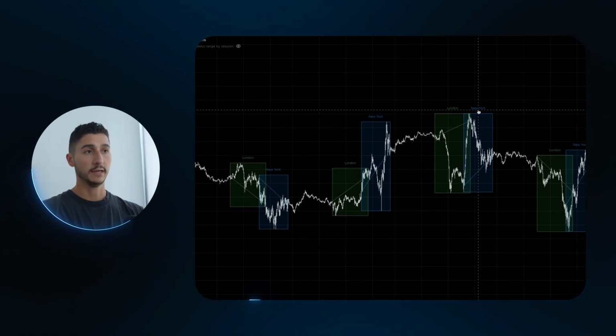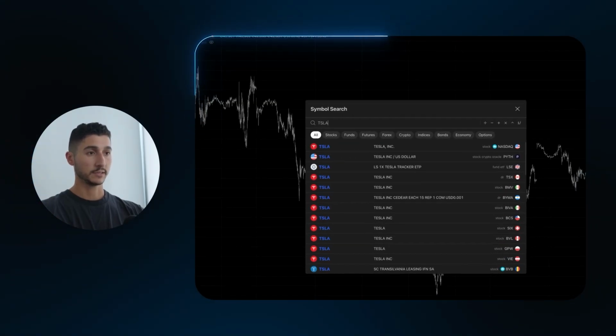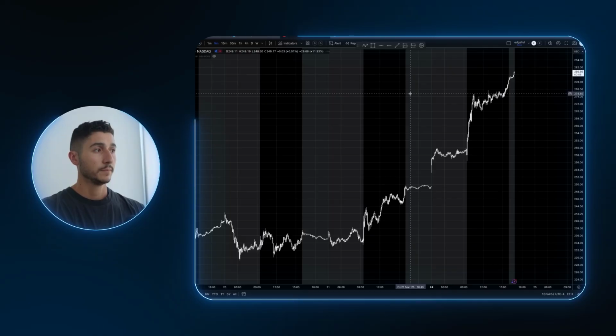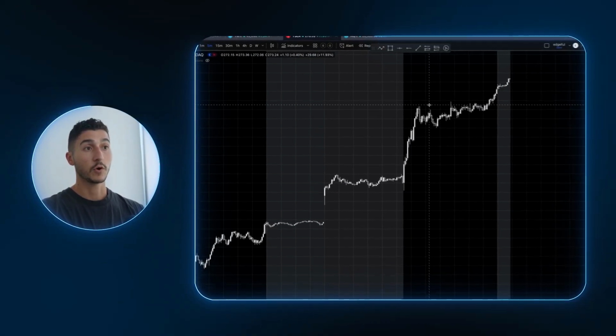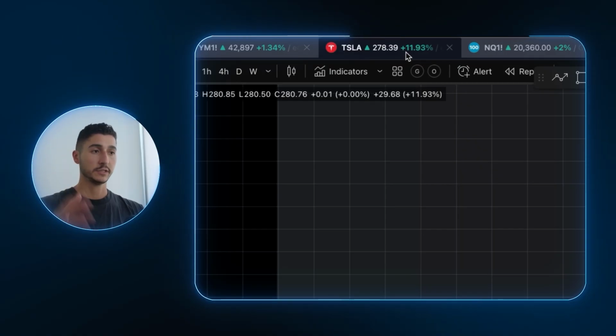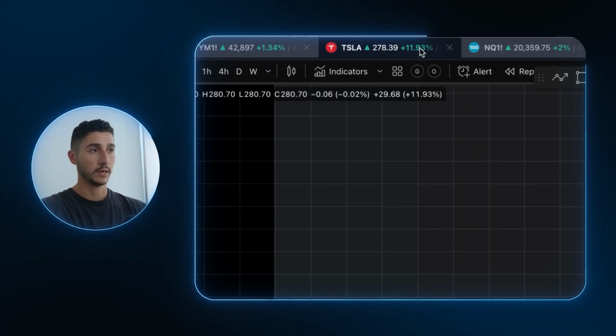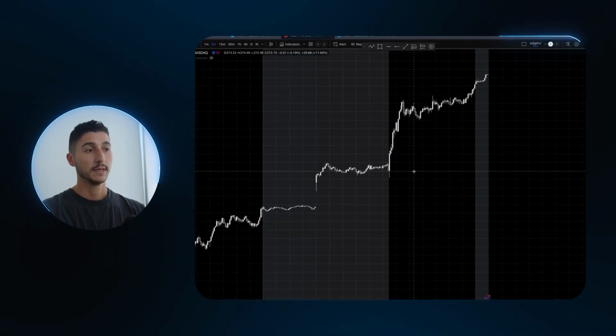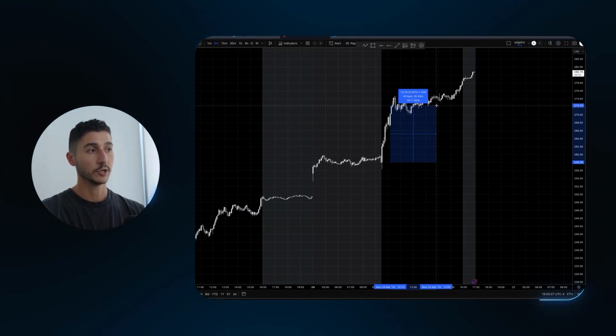This calculation measure is mostly because of how performance is reported. I'll pull up Tesla right now. When people talk about performance, when you see it on CNBC, on the news or wherever online, you see Tesla's up 12%, 11.93%. That is not from today's opening price.